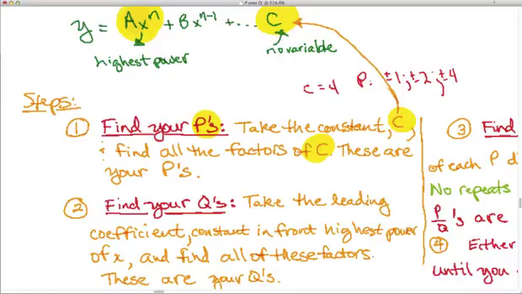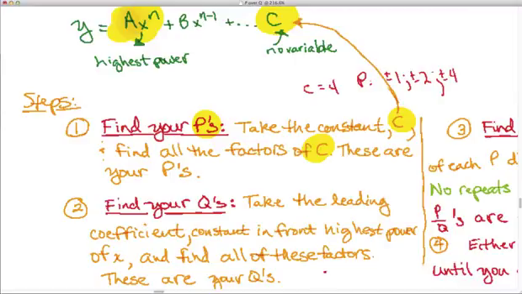And then you do a similar type of factoring as you did with your C, but in this case you're going to use this A over here. And what you do with the A, let's say A is equal to 3, you would do the same thing basically.